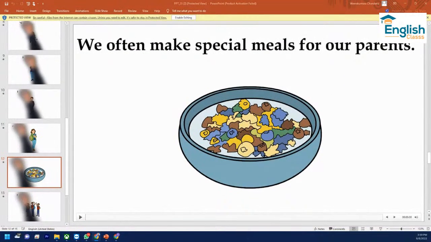We make special meals for our parents often. Here in this sentence, we have used the word often just before the verb. We often make special meals for our parents.